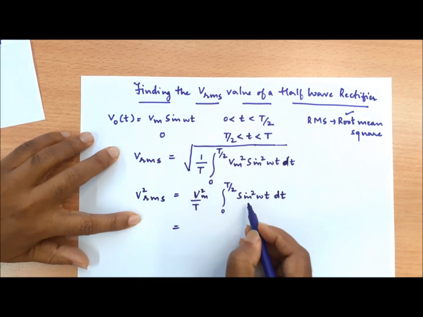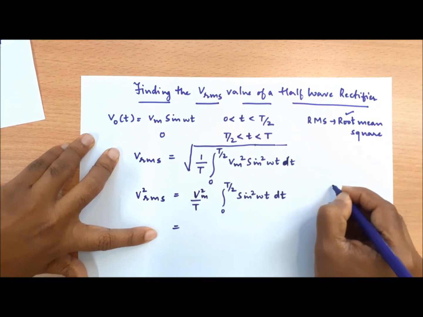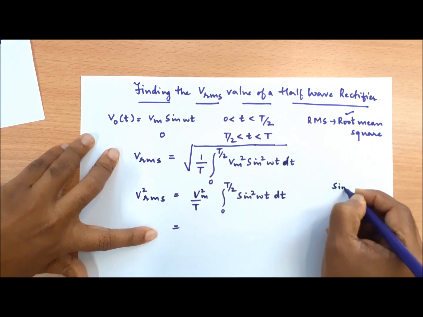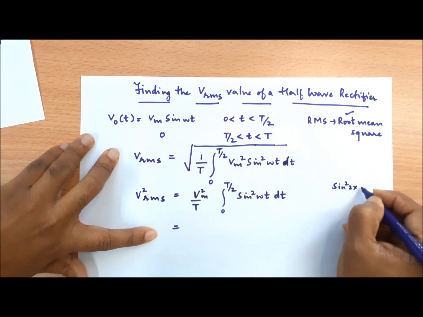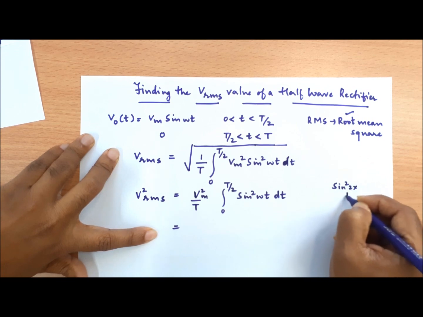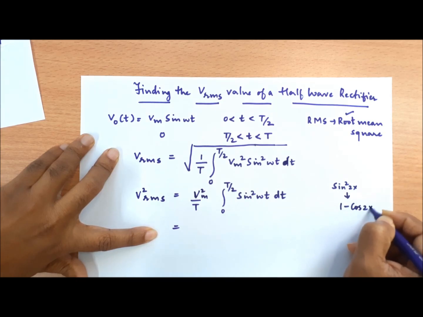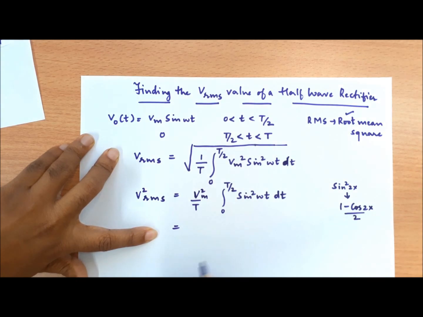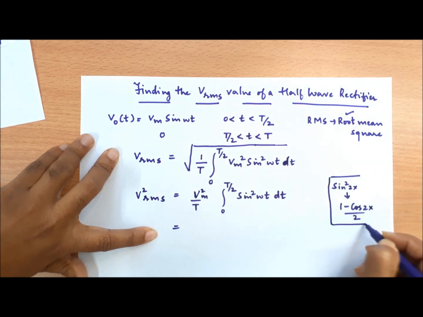Now, how can I express sine square omega t? See, we know that sine square x can be represented as 1 minus cos 2x upon 2, right? With respect to the integral formulas, we know this expression.